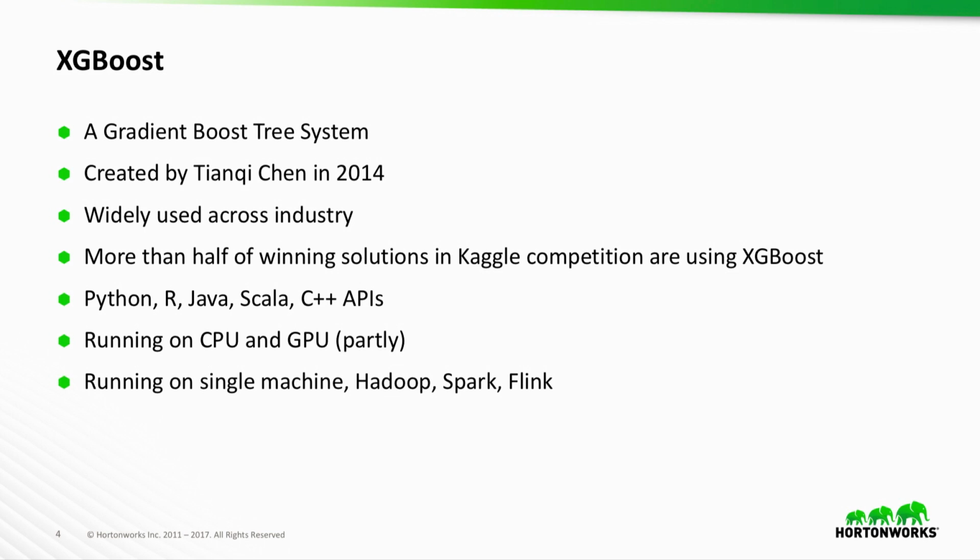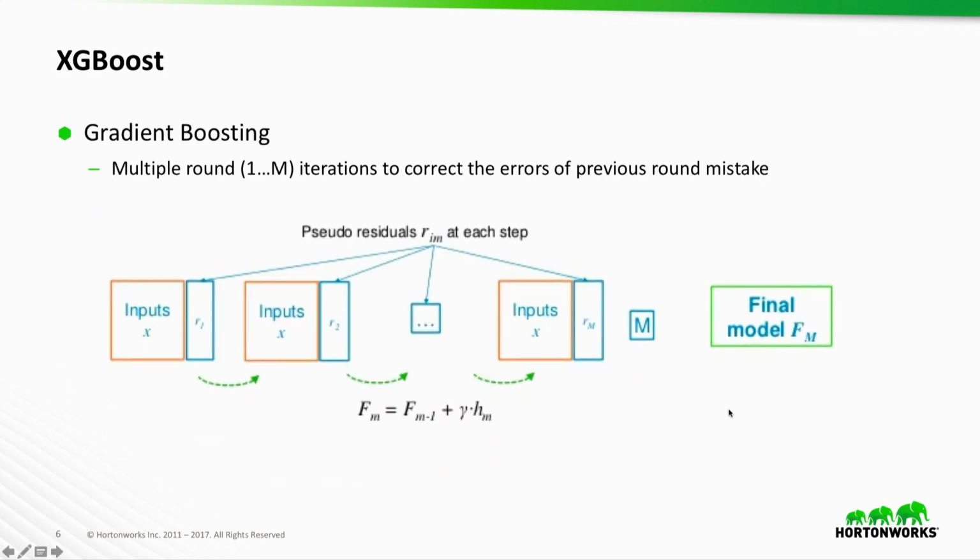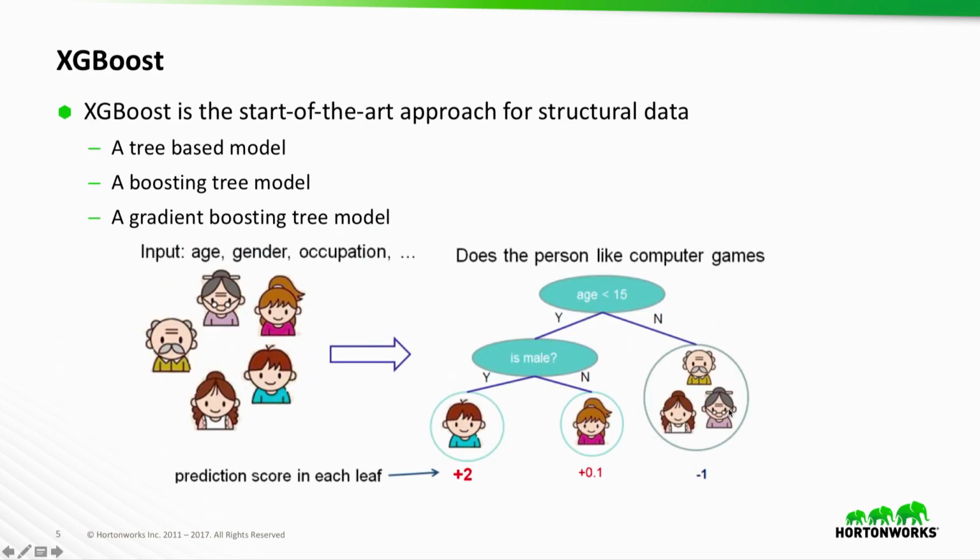Let's look at more about XGBoost. XGBoost is a tree-based model. I think most people have heard about tree-based models. A tree-based model is different from linear regression models. It means we build a model like a tree.